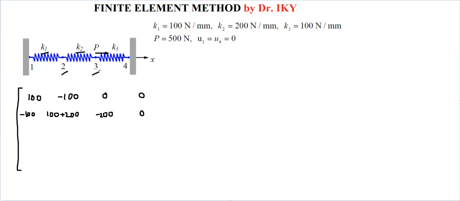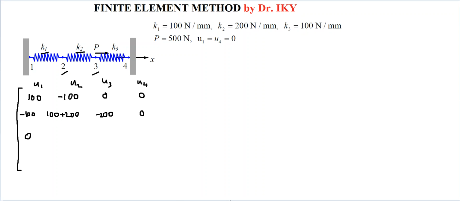This time, we are going to the third node. Let me write something like that. U1, U2, U3, and U4. This time there is no connection with this, 0 because of that. So I'm going to write the third row.